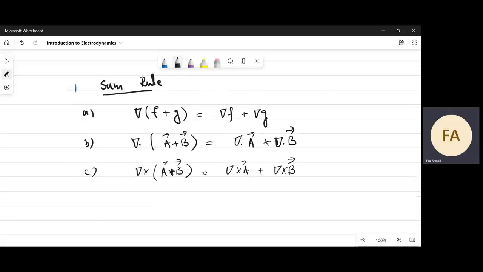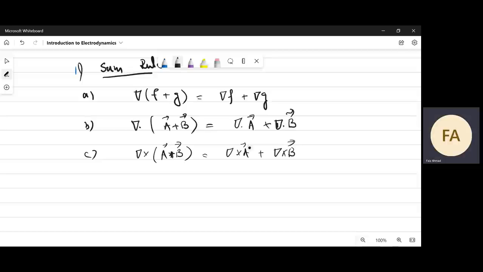Similarly, we can apply the constant rule for all three types of vector differentiation. So we have del of kf, which turns out to be k del f.